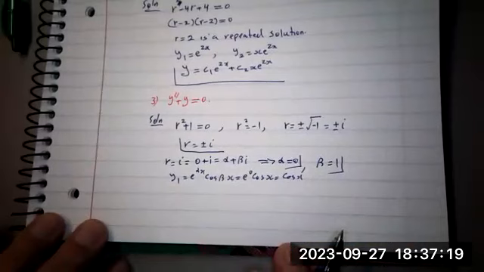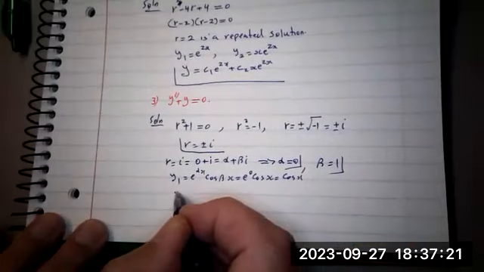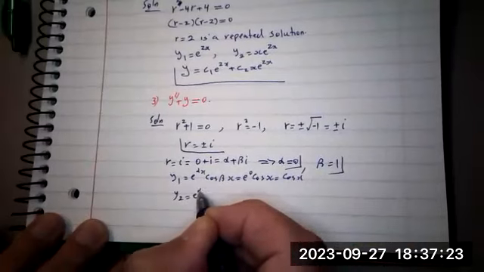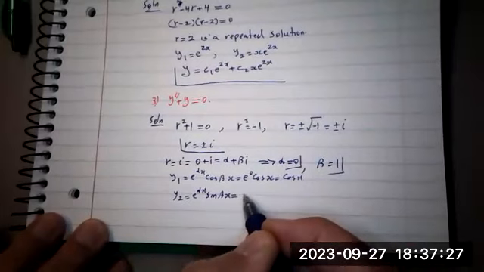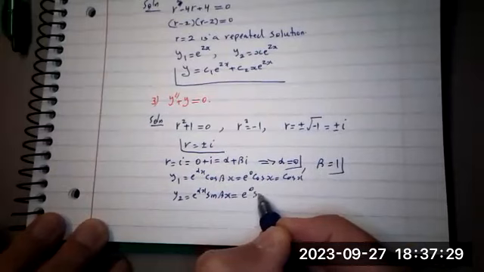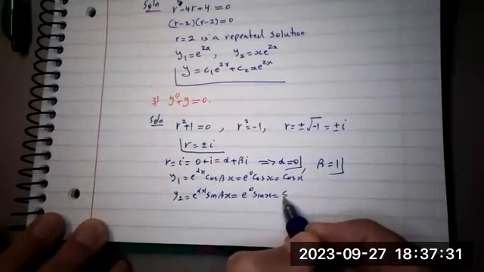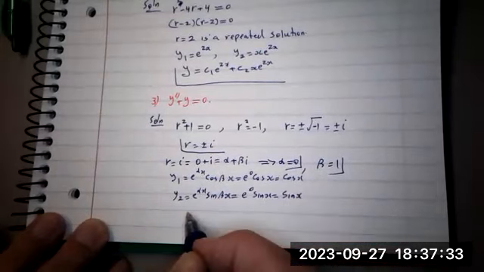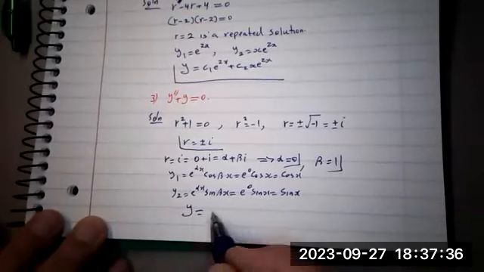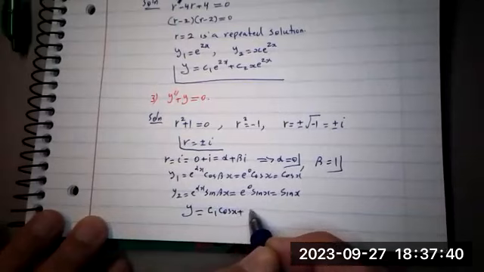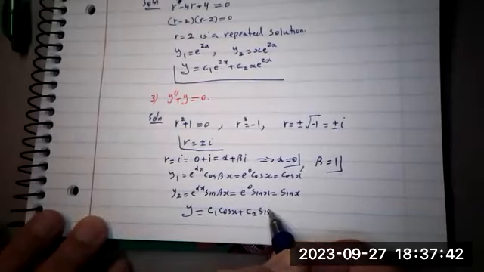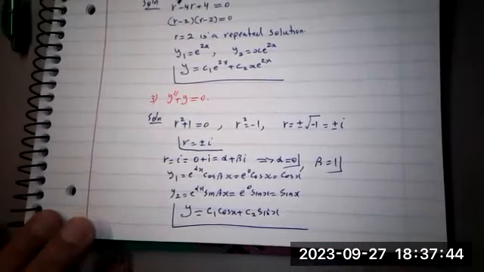And y2, same thing, e to the alpha x sine of beta x, which is e to the 0 sine of x, which is sine x. So the general solution is y equal to c1 cosine of x plus c2 sine x.